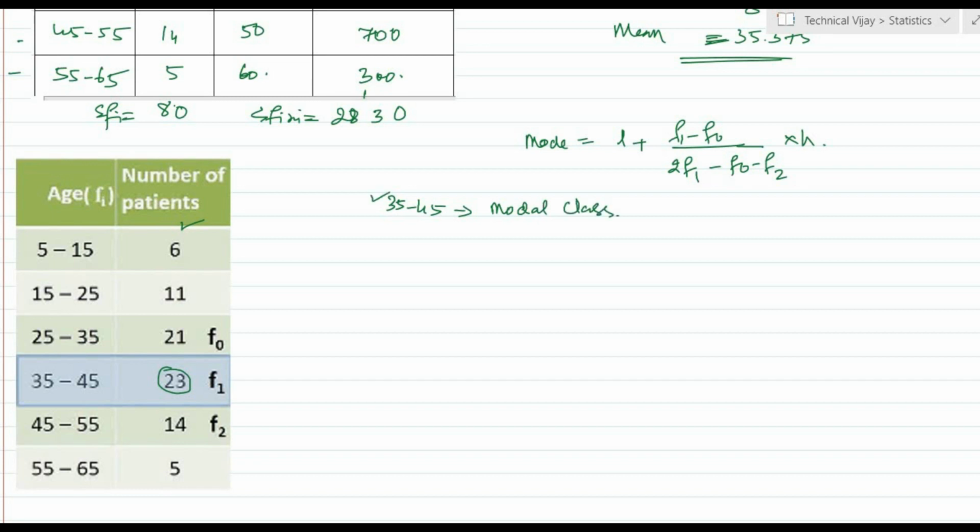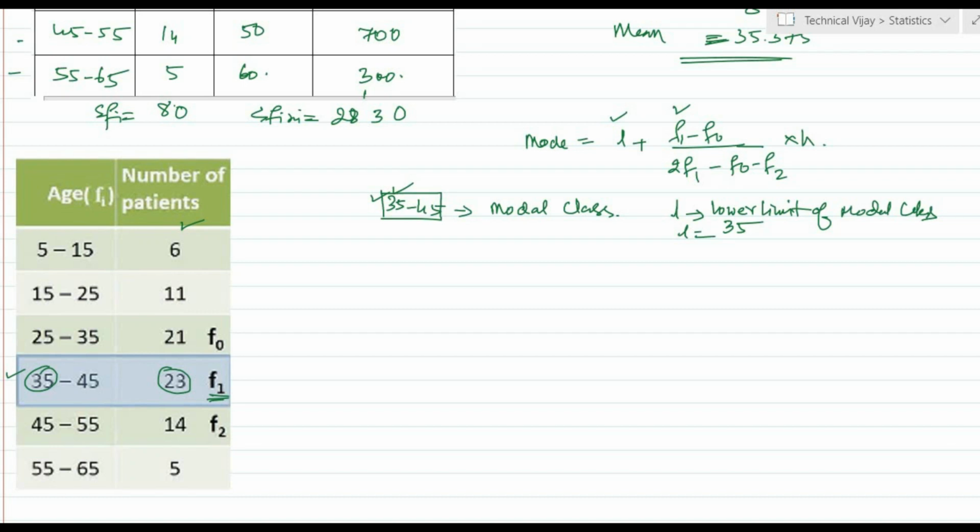The modal class is nothing but the class which has the highest frequency, and that frequency is denoted by F1. L is the lower limit of the modal class. First we have to find the modal class. Now the modal class is 35 to 45. So the lower limit is 35, so L is equal to 35.